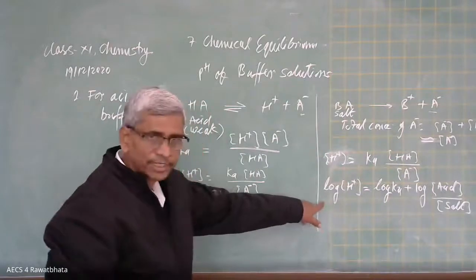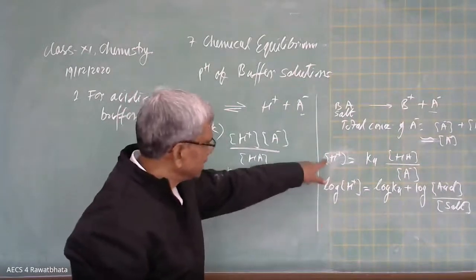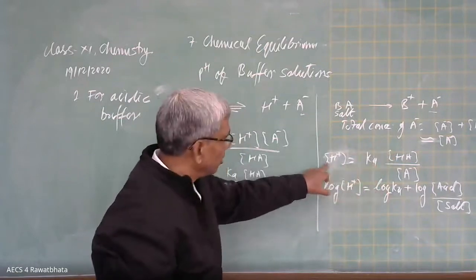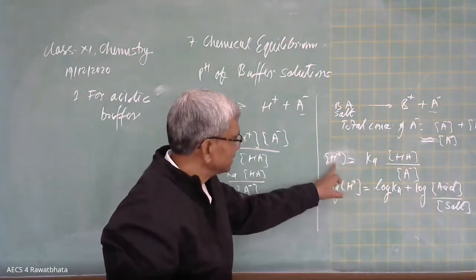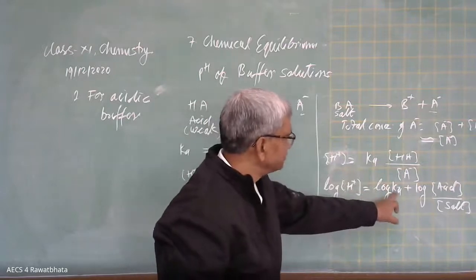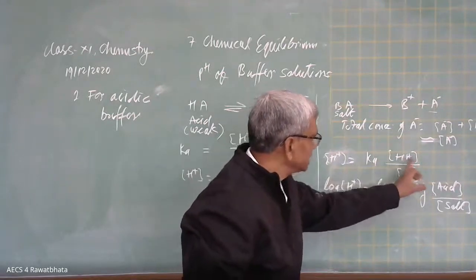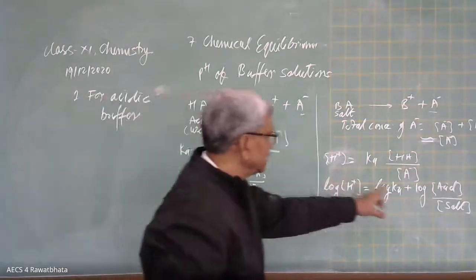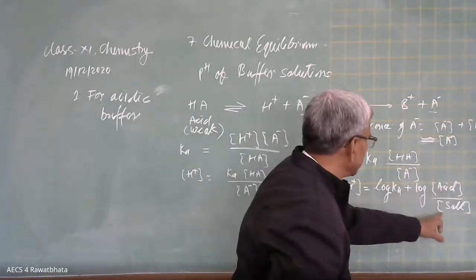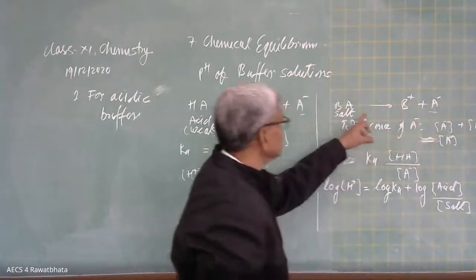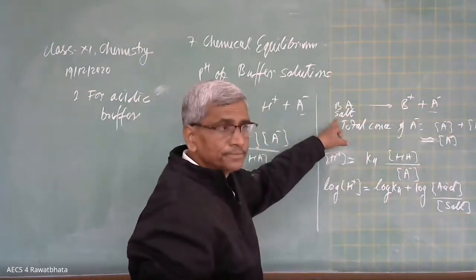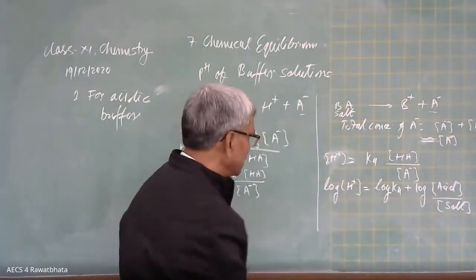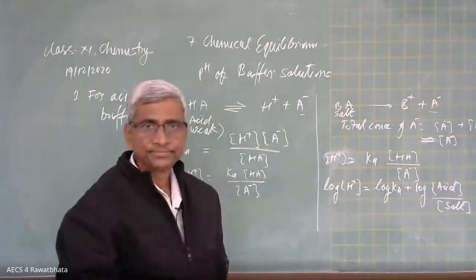Did you understand this expression? How to manage? I am going to take the log of this equation: log [H+] equals log Ka plus log of the acid concentration divided by the A minus concentration, which is the concentration of salt. Multiply this equation by a minus sign.